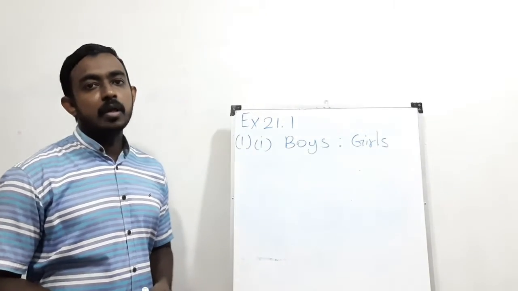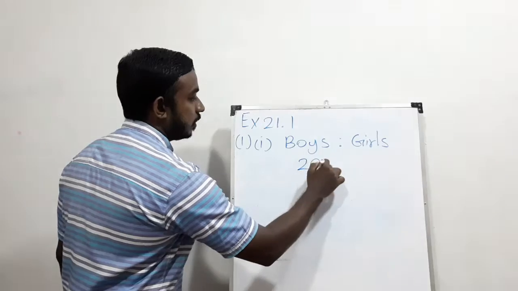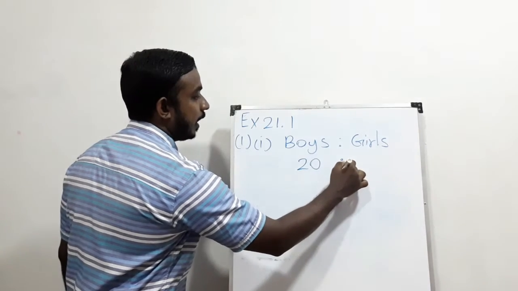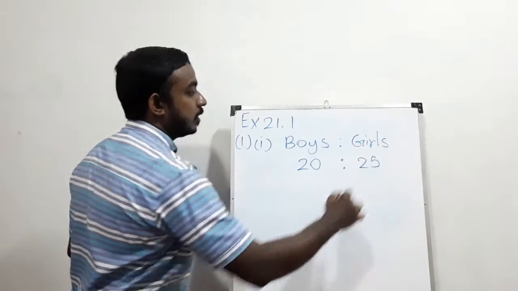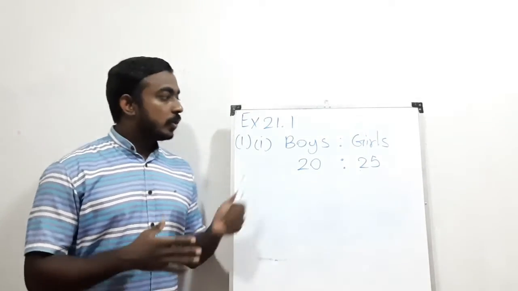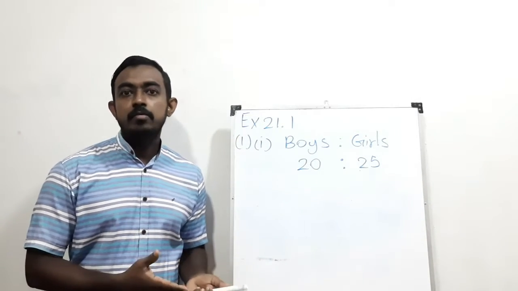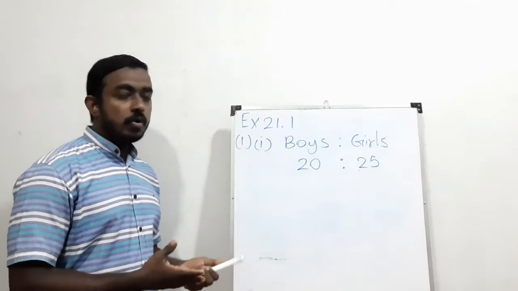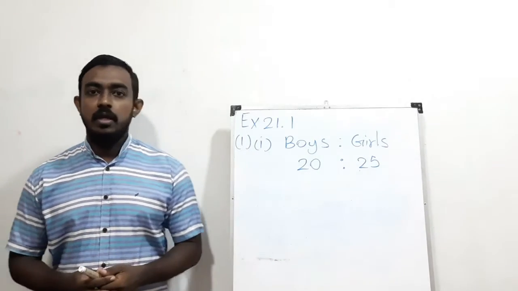And we know the number of boys as 20. Therefore we can write 20 in here and number of girls as 25. That is how to represent something in a ratio, because they are in the same unit. Number of children, that is why. Number of boys and number of girls, they are in the same unit, therefore we can write it in the ratio.